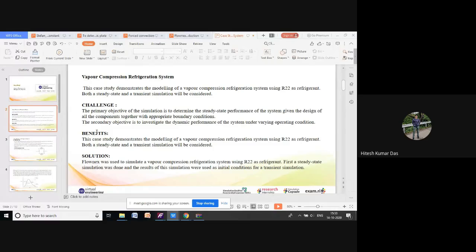Whatever components are used in the vapor compression refrigeration system, we will show you here. The benefit of this case study is that we'll model the vapor compression refrigeration system using R22 refrigerant. In the solution, we'll simulate the vapor compression refrigeration system.